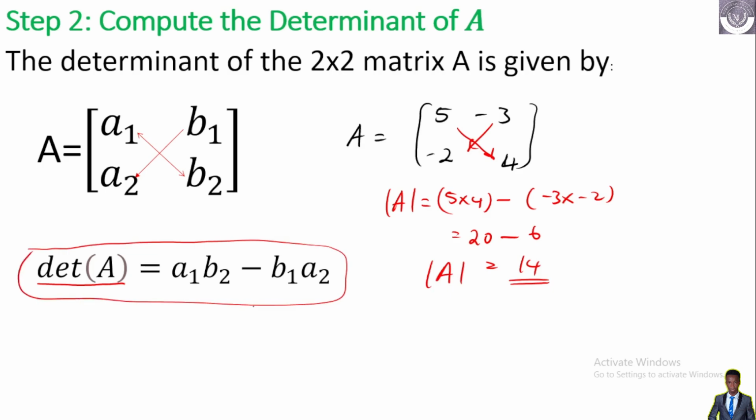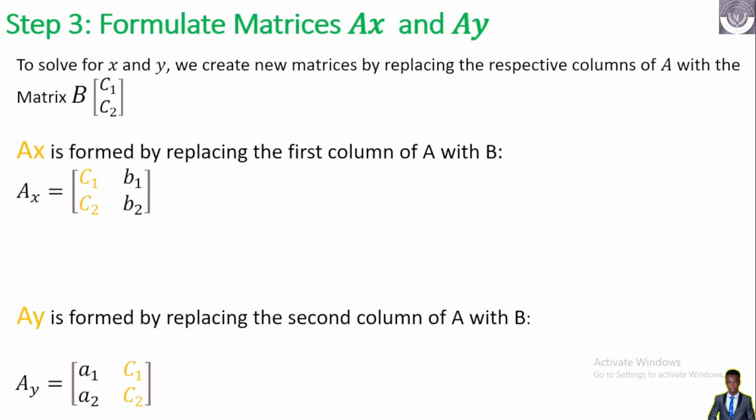So we move again to the third step. The third step is saying that we are to formulate the matrix of AX and also formulate the matrix of AY. How do we formulate this? To solve for X and Y, we create a new matrix. That's the key underlining word there.